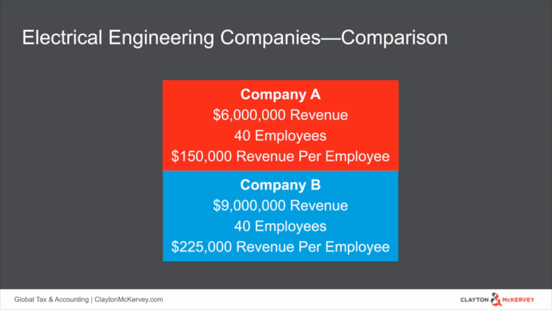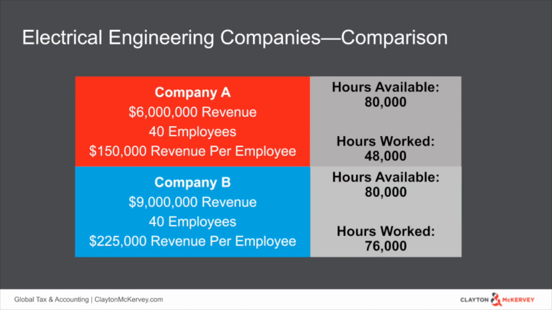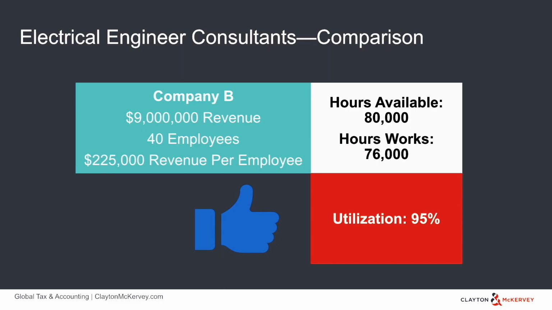Based upon them both having 40 employees, that would mean that they had an available pool to work of 80,000 hours. And we find out further that the first company billed 48,000 hours to projects to generate that $6 million in revenue, and the second company billed 76,000 hours to generate their $9 million in revenue. So with that, we find out that Company A had utilization of 60%, and Company B had utilization of 95%.